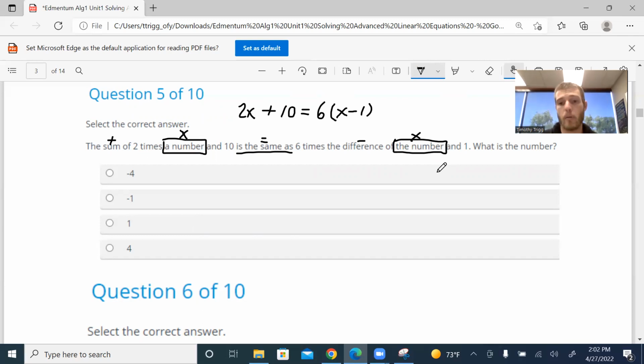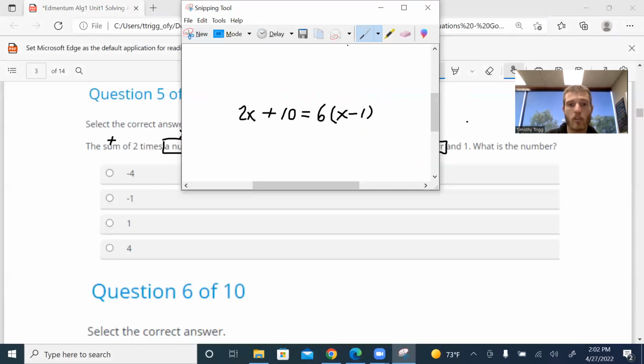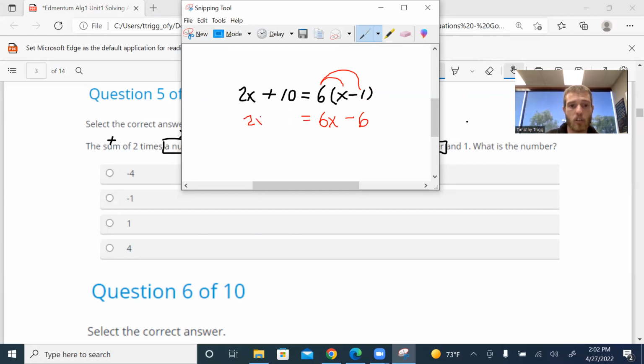That was kind of a complicated one to translate into math. But what do you suppose my first step here would be? Well, I hope you agree that my first step will be to distribute this 6. So the 6 multiplies with the x and also with this minus 1. So that's going to be 6x minus 6. On the left side of the equation, nothing changes.